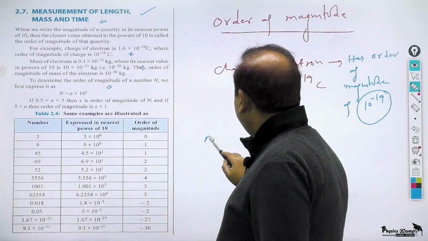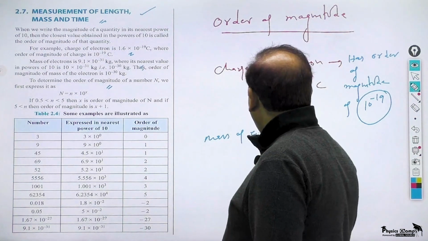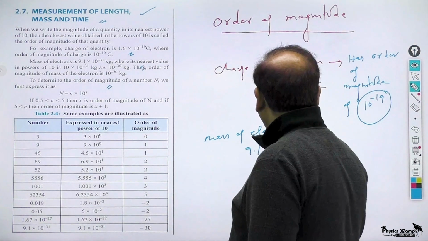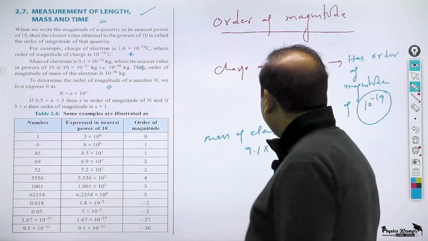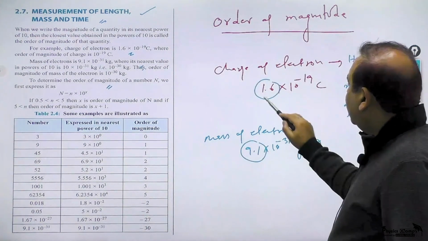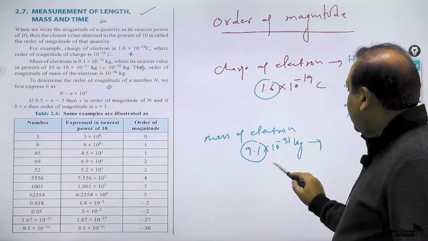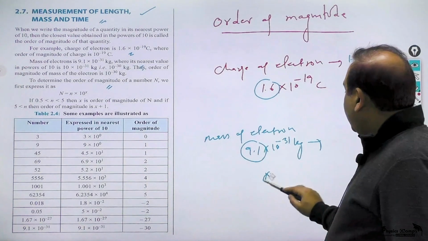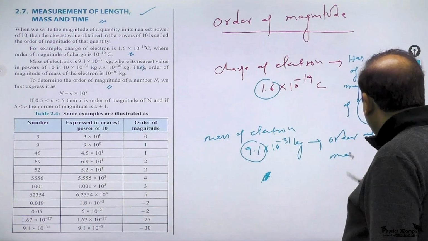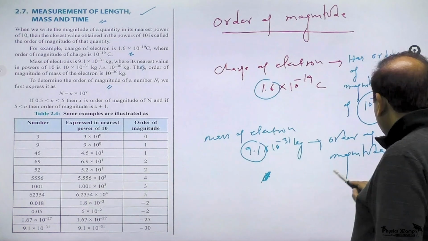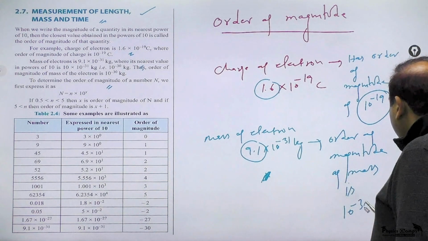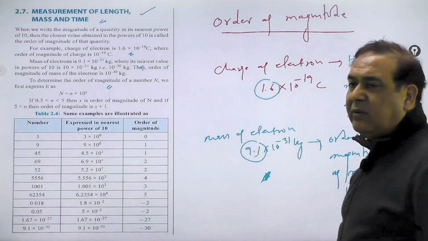For example, I can take the case of the mass of electron. Mass of electron is 9.1 into 10 to the power minus 31 kilogram. So the closest power, because this 9.1 is more than 5 and is closer to 10, I can write the order of magnitude of mass as approximately 10 to the power minus 30 kilogram, because I take it as approximately 10.